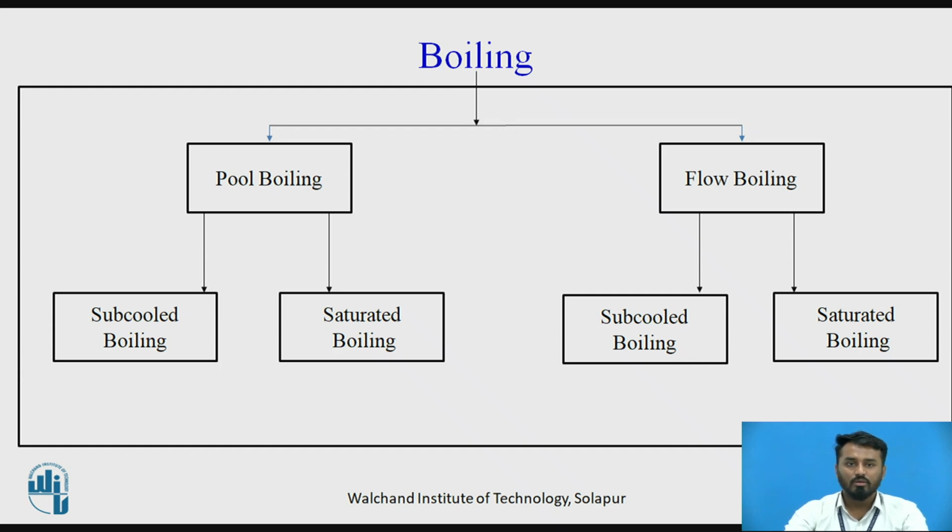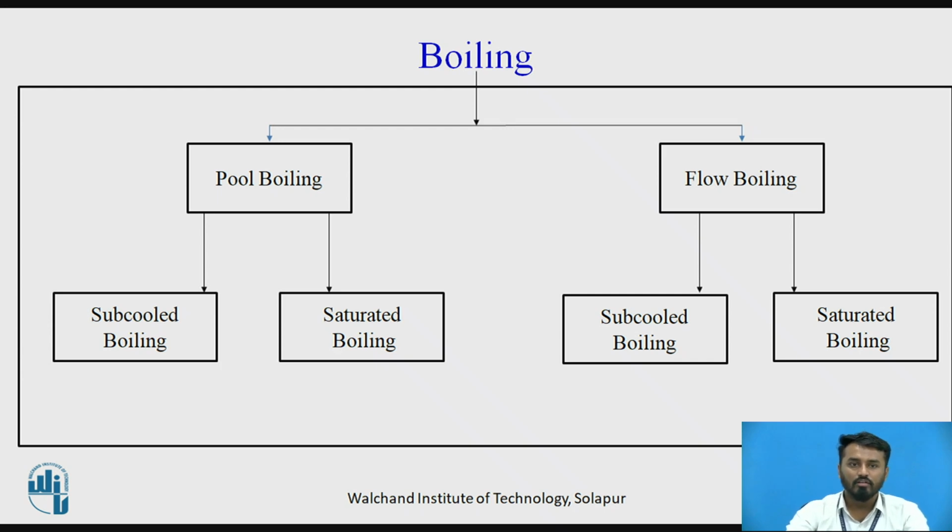In a swimming pool, if we place a nichrome platinum wire within that pool, we can consider it a pool boiling condition. If the fluid motion is taking place with the help of mechanical devices like pumps, we can consider that flow boiling.